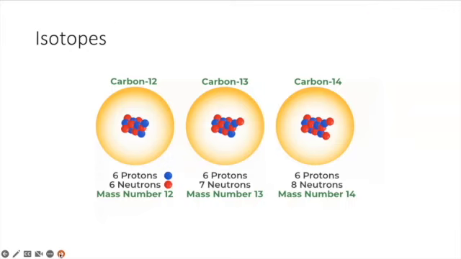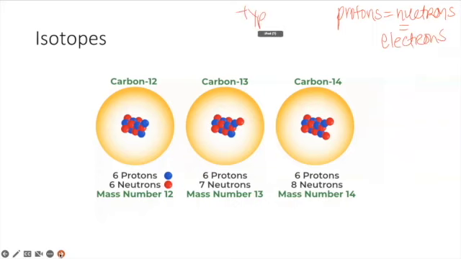So typically, your number of protons equals your number of neutrons equals your number of electrons. I don't write typically. I don't want you guys to get too caught up in that.